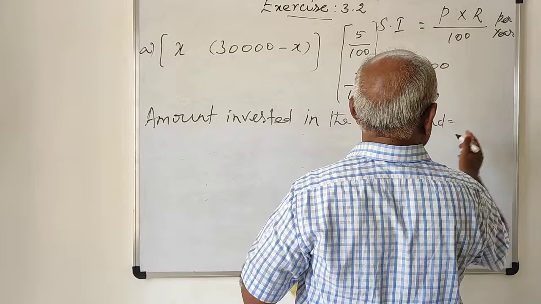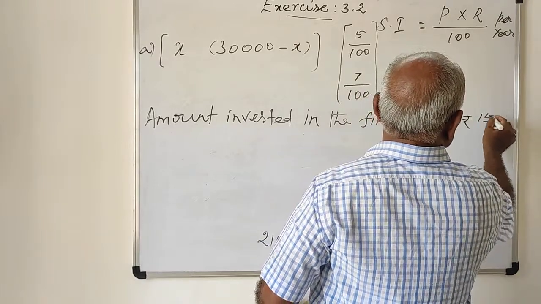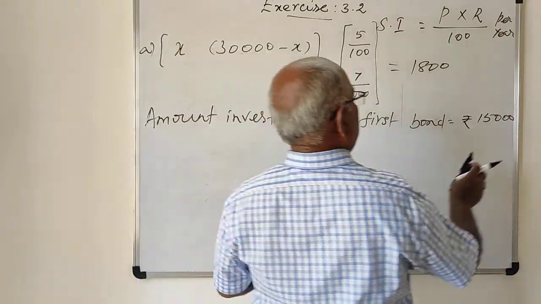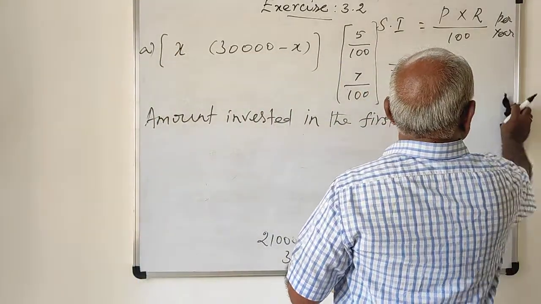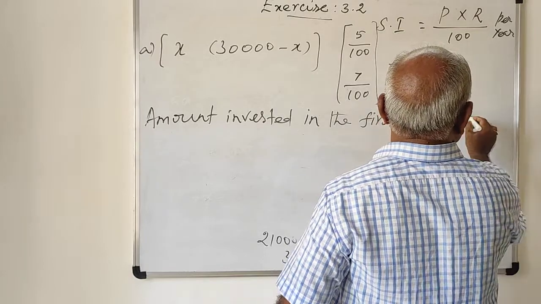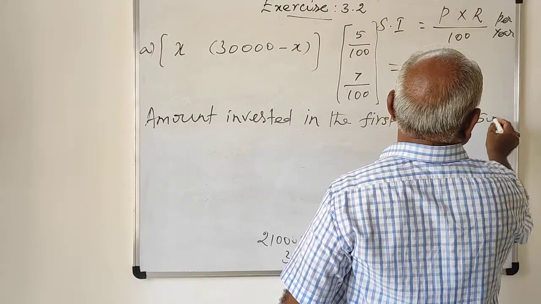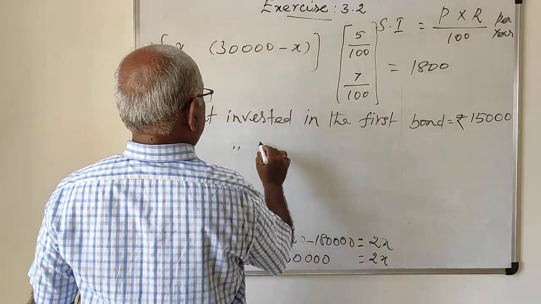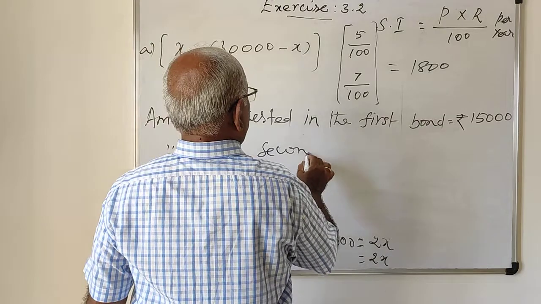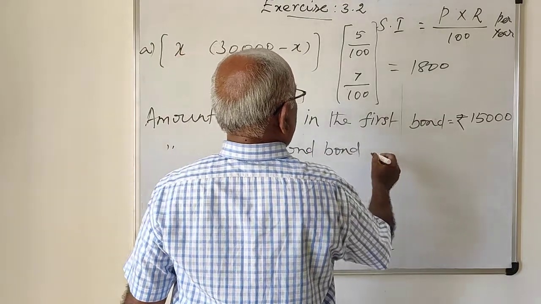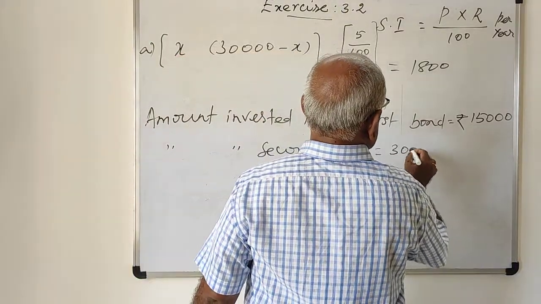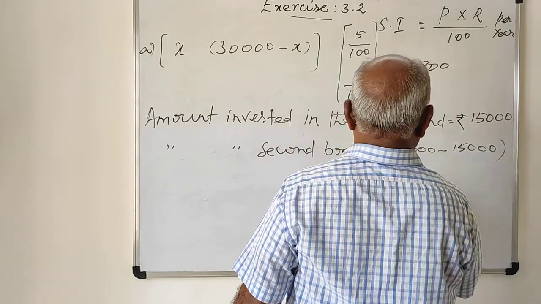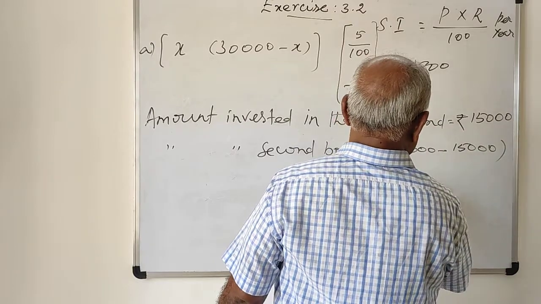We calculated it as rupees 15,000. Therefore, the amount invested in the second bond is equal to 30,000 minus x. X is 15,000. This is equal to 15,000.